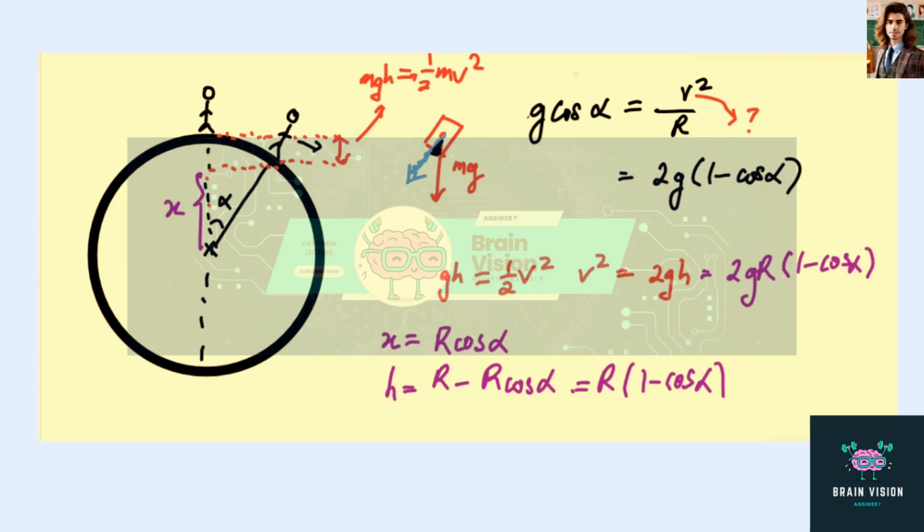We bring it to the left hand side to be 3g cosine alpha equals 2g. So cosine alpha is equal to 2/3, and finally alpha is 48.5 degrees.